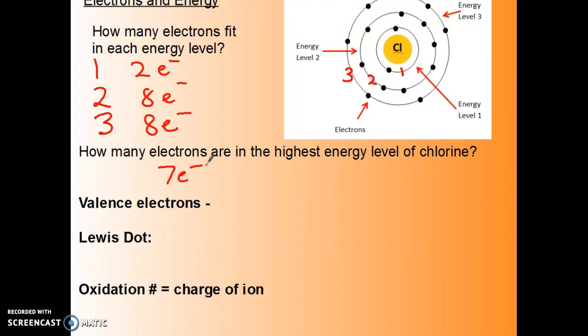And one term that you need to know is valence electrons. These are the electrons in the outermost energy level. So whenever I say valence electrons, that's what you need to think of, outermost energy level. This term is one that you should have in your notes for sure.